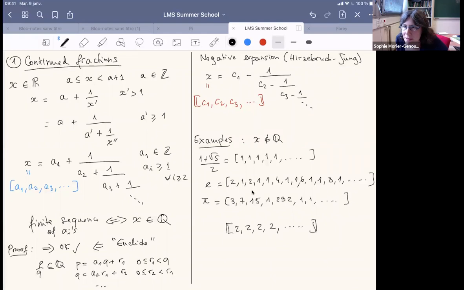I don't know if I can monitor the chat at the same time, but let me try. I have a suggestion of golden ratio. It is not the golden ratio.